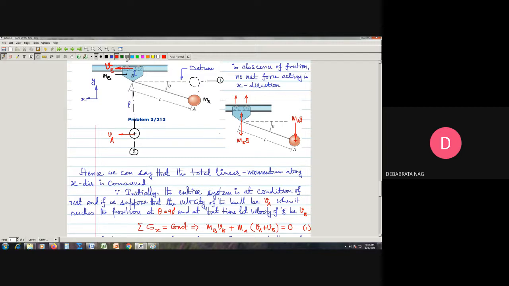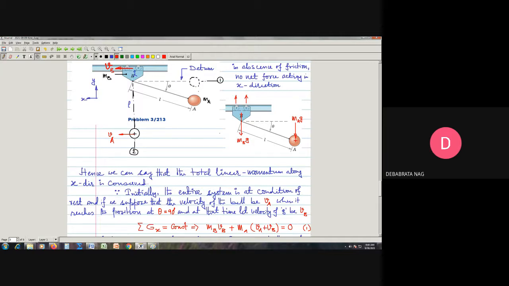What is that? We note that there is no friction, it is being given. And also we note that there are no other active forces other than gravity present in the system. See, these normal reactions are not active forces, correct? So only the gravity forces are present in the system.